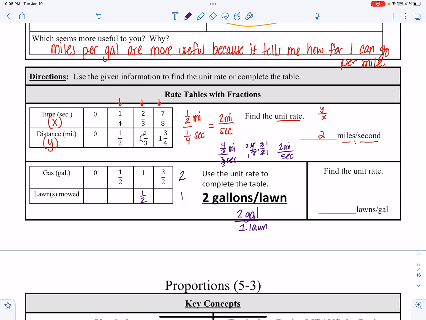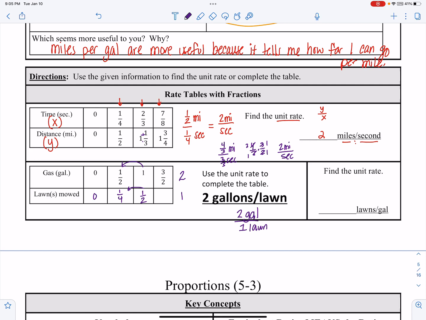Okay, so we're just sort of thinking through that. And so if I have half of those gallons, then I also know that half of a half is a fourth. Okay, and then if I have 0 gallons of gas, I'm not mowing any lawns.